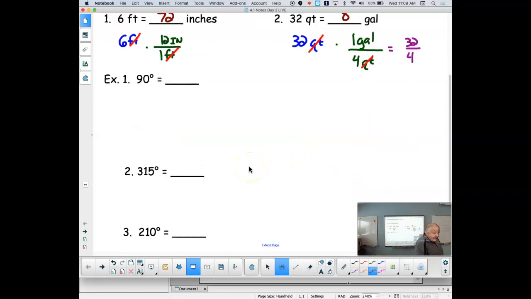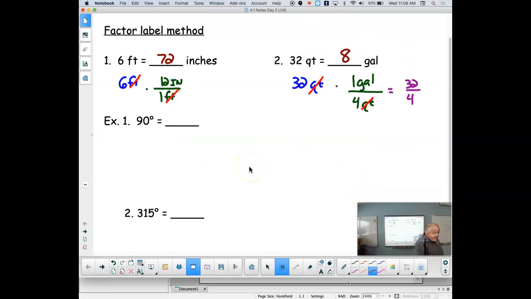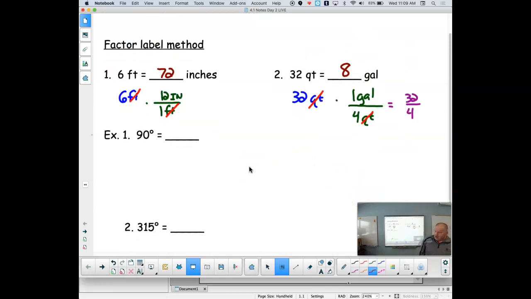Okay? Now, that same methodology will be used when we're converting from degrees to radians. Yesterday we said that the conversion was either going to be 180 degrees over pi radians, or pi radians over 180 degrees, depending upon which one you're going to.